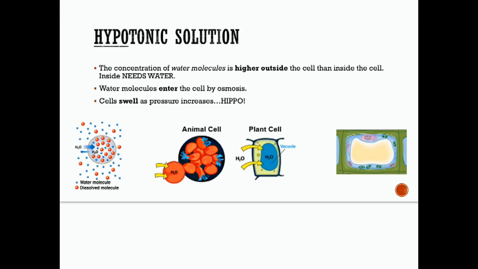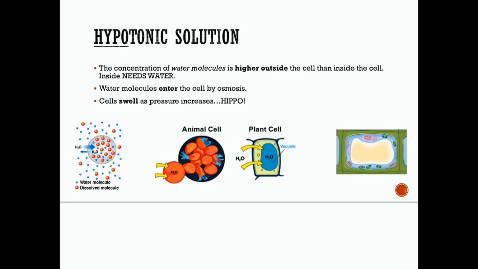If you always remember, water moves to the area that needs more water. Okay, so the inside of the cell is like totally salty or totally sugary, all these red dissolved molecules. The inside of the cell needs water. All right, look at your arrows. H2O is water.